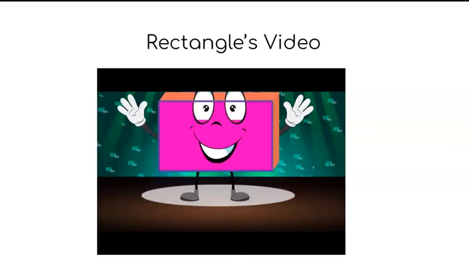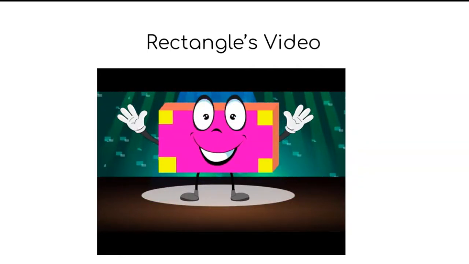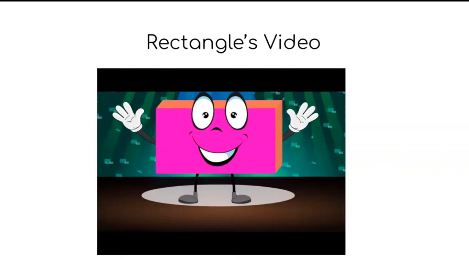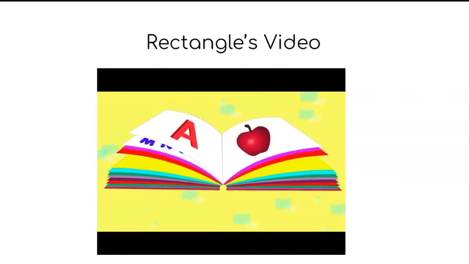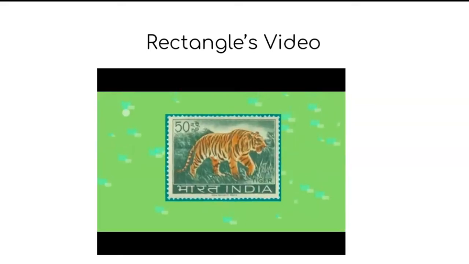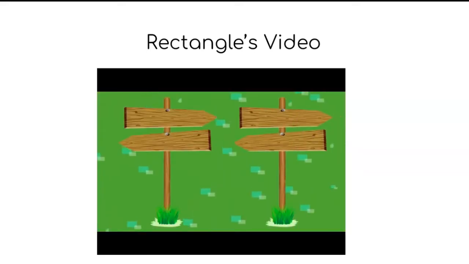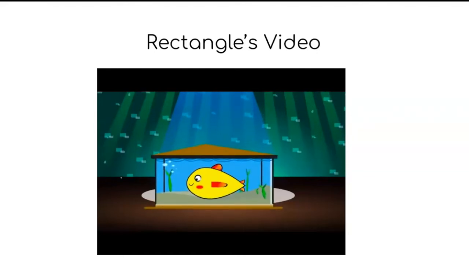What's the shape that has four sides? Two are short and two are long. It has four corners and four right angles. Yes, that's right, it's a rectangle. A book, a window, my phone, my door, a postcard, a stamp, and my bedroom floor. My table, chocobar, a wooden plank. Rectangle is the shape of my fish tank.